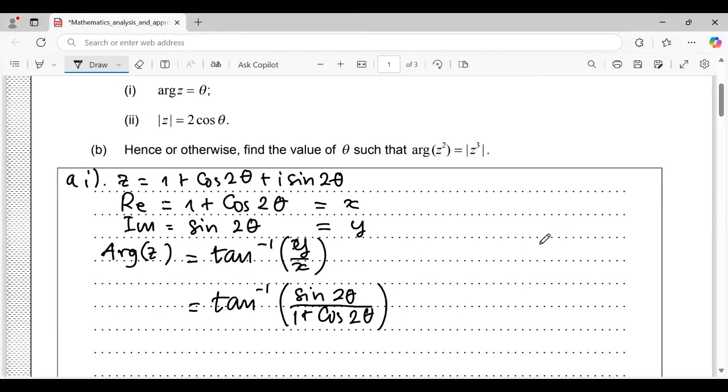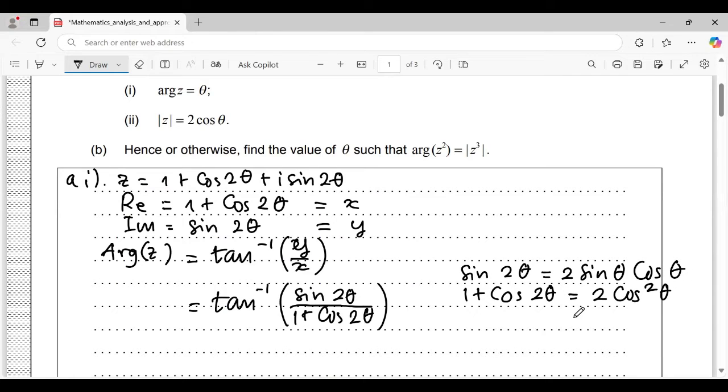According to trigonometrical identity, sine 2 theta equals 2 sine theta cosine theta. Meanwhile, 1 plus cosine 2 theta equals 2 cosine squared theta, or 2 cosine theta cosine theta.